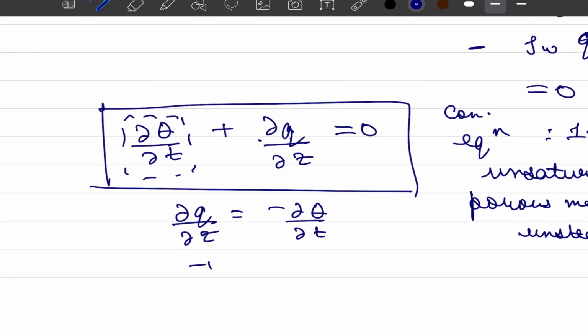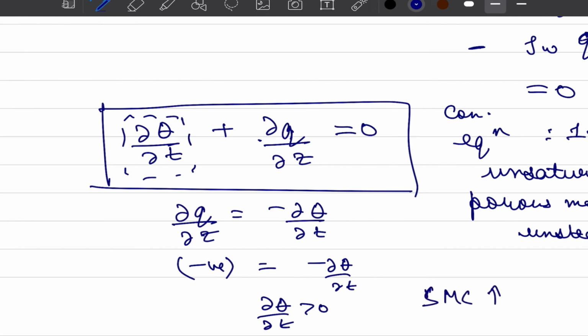Similarly, if this del q by del z is in the downward direction, that means it is negative, because I said that the downward direction is going to be our negative direction. And if this is equated to minus del theta by del t, we can say that if we have a negative term here, our del theta by del t is going to be greater than 0. That would mean that the soil moisture content is increasing with respect to time.